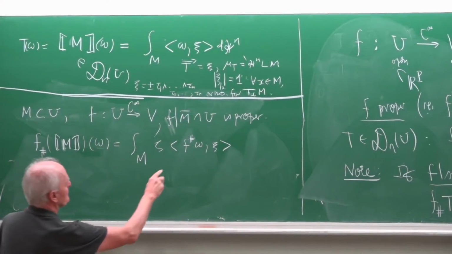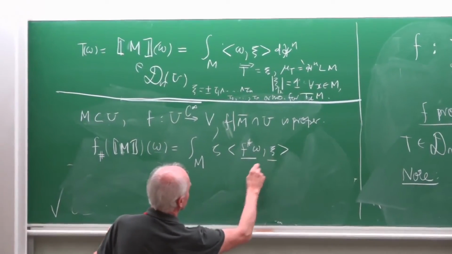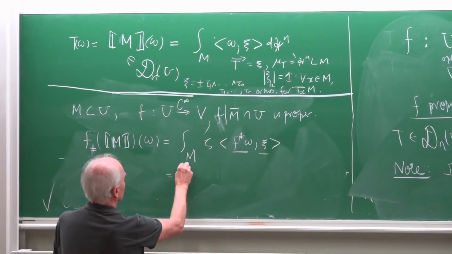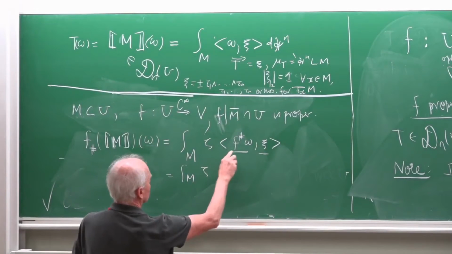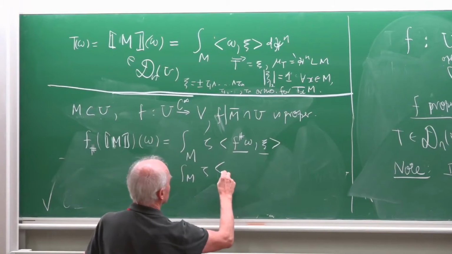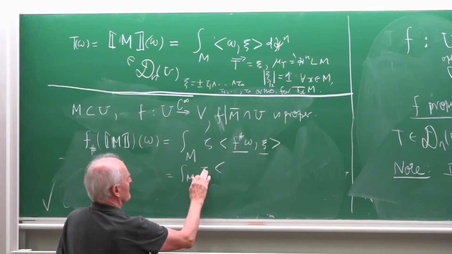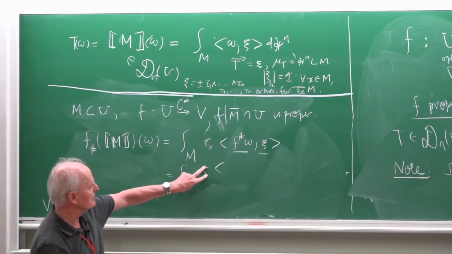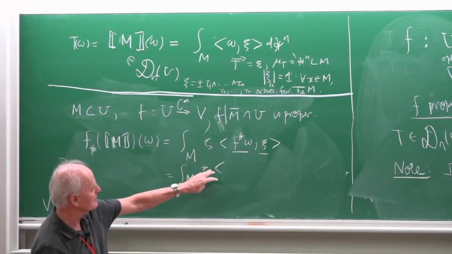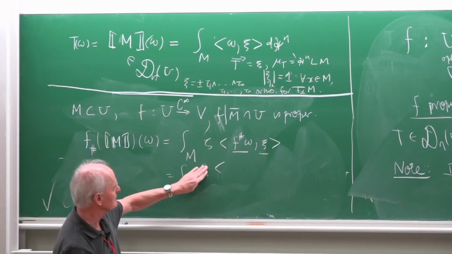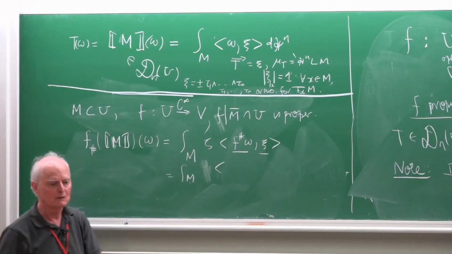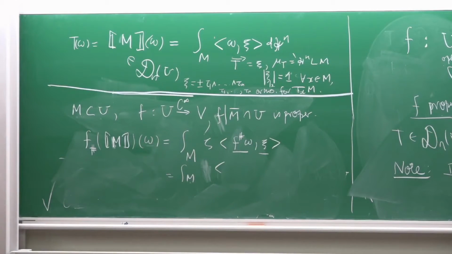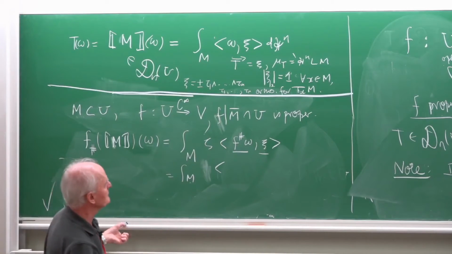Now, notice we can play a little game here with the duality. Remember how this works. By definition, the first thing is we can drop zeta, because zeta is identically 1 in the neighborhood of M bar intersect the support of this. So it's always 1 in the domain of integration, and we can get rid of zeta immediately.